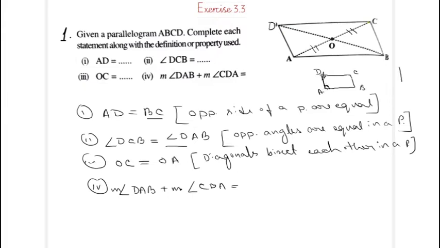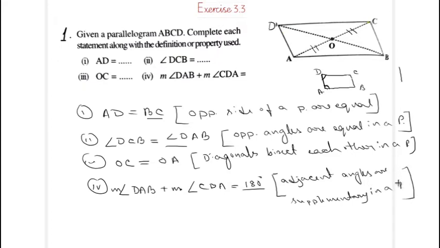So what is the property for adjacent angles? That their sum is 180 degree or they are supplementary. So it will be equals to 180 degree. What is the reason? Adjacent angles are supplementary in a parallelogram. I have written P for parallelogram, please do write the whole spelling here.